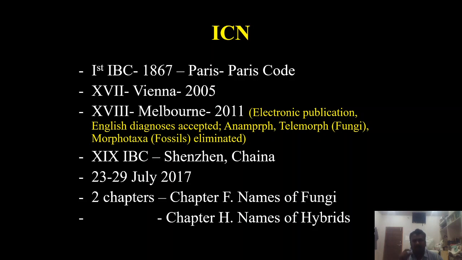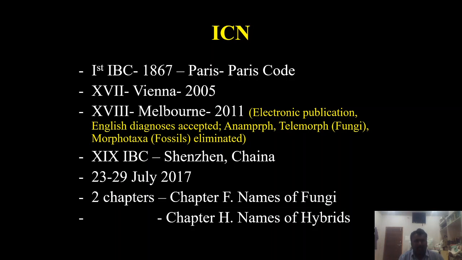That book is known as the code. The first IBC was held at Paris, hence the code carried the prefix Paris, that is, the venue of the International Botanical Congress.